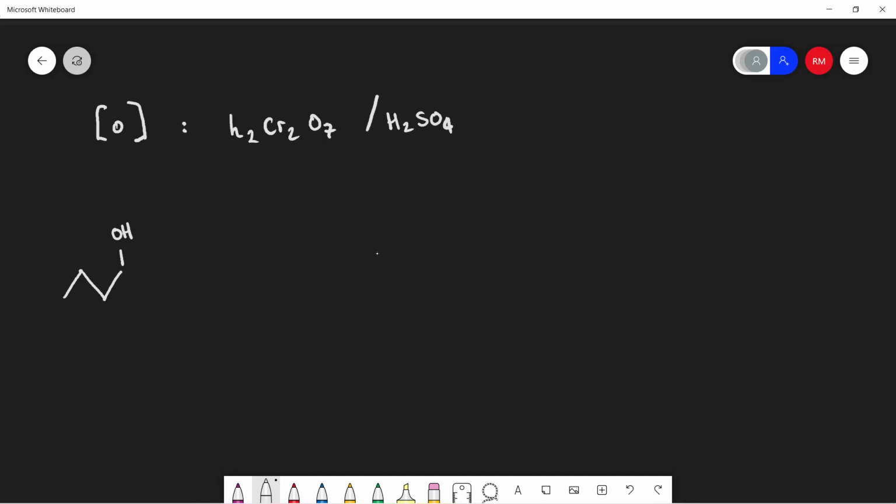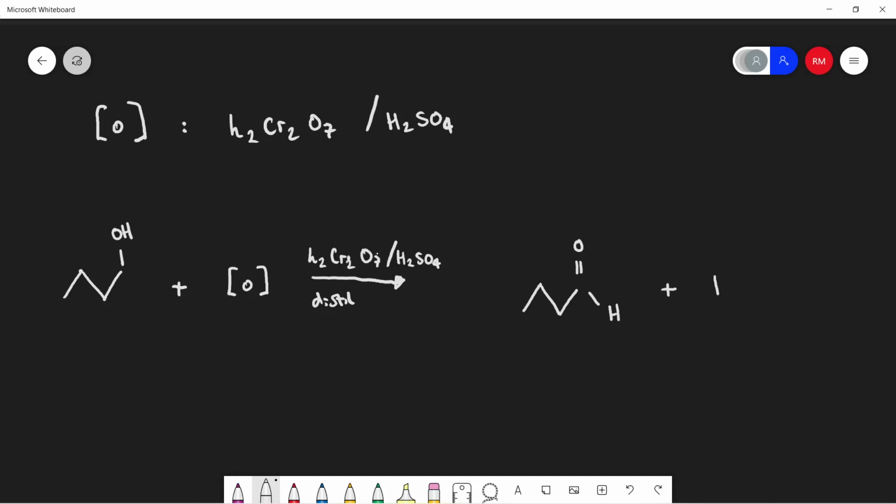So if I draw out this equation for you, here's K2Cr2O7, and I'm just drawing all the reagents and conditions on this arrow here. And of course, a byproduct of all of these reactions will be water.